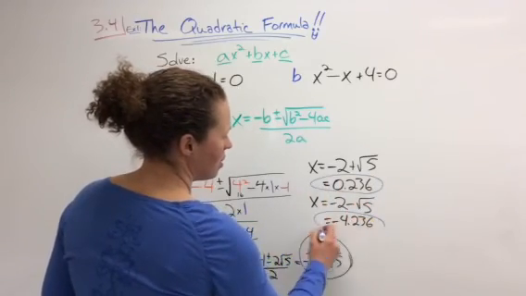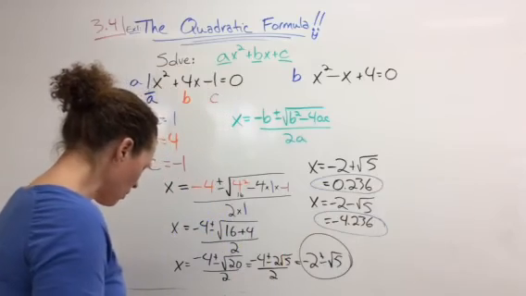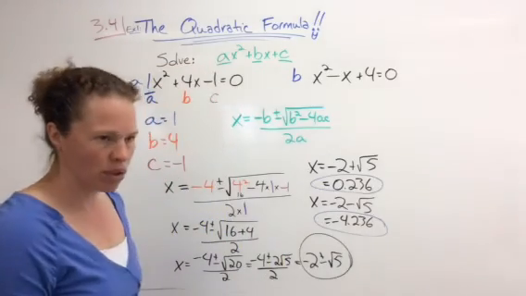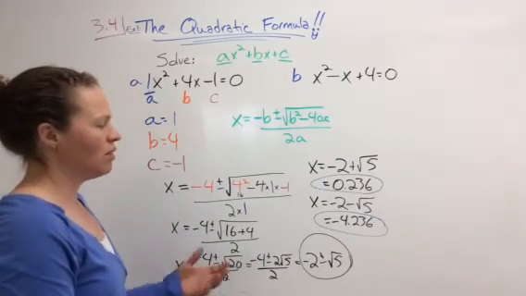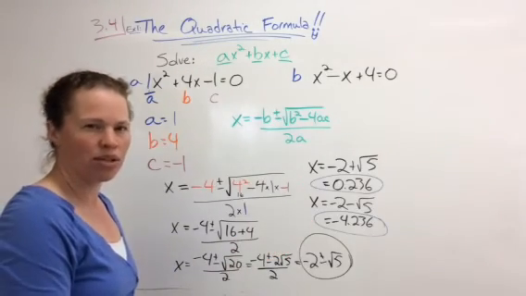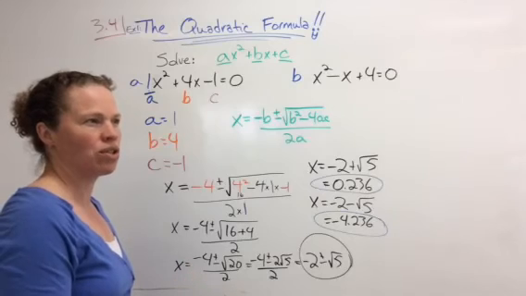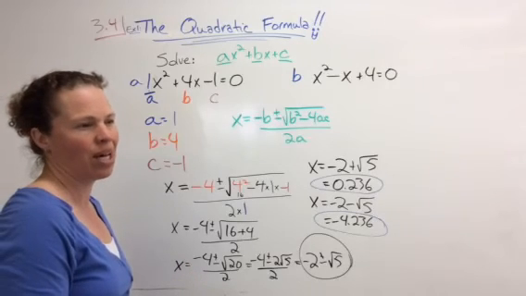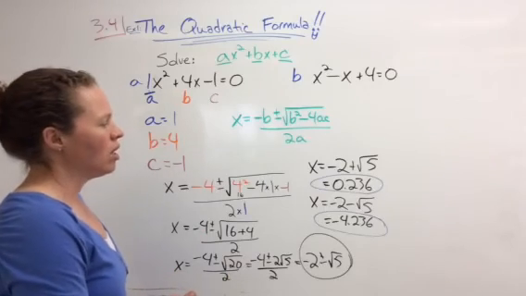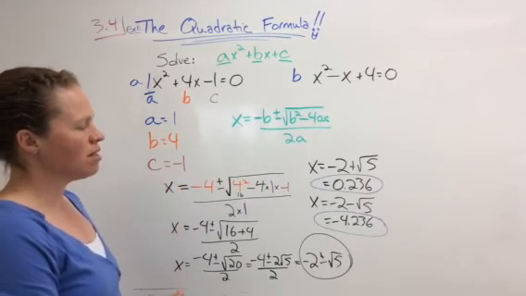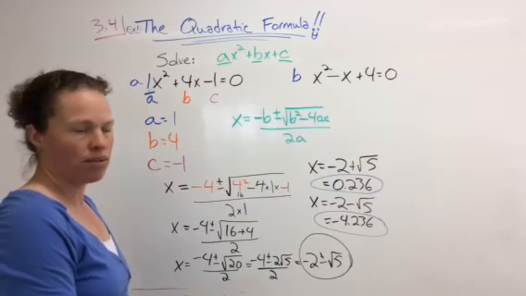I've got this one and I've got that one. Now if you were doing a word problem about time or something like that, then obviously the negative one wouldn't work, so you'd be looking for that kind of extraneous answer, where you say, okay, but in this context, that one doesn't count. When you're just doing problems like this, you're just going to have two answers.